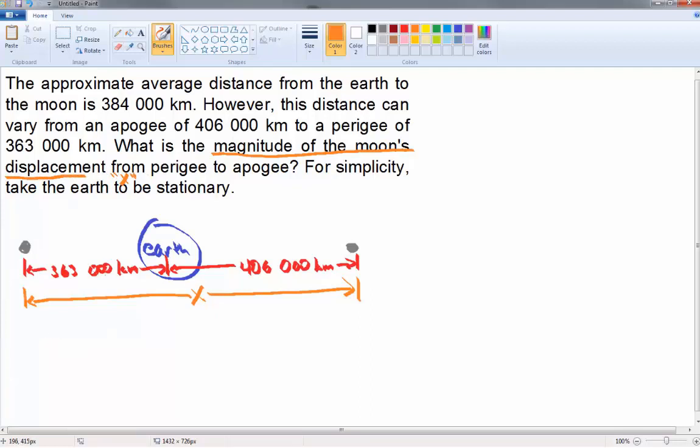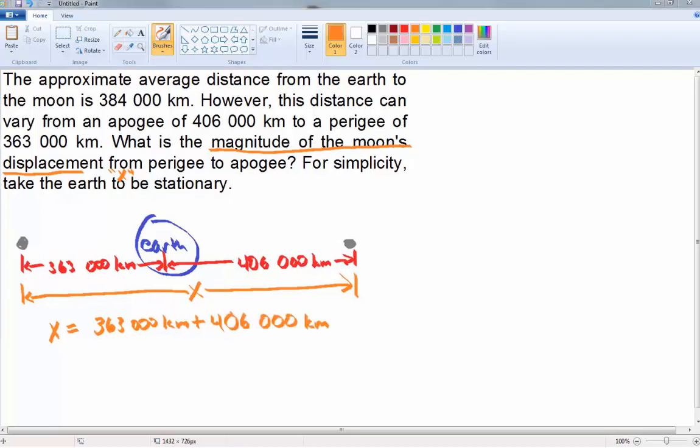And to get x, you can add these two numbers together because they are exactly opposed from each other. In other words, this is a straight line from here to here along these numbers. And so x in this case is 363,000 kilometers plus 406,000 kilometers.